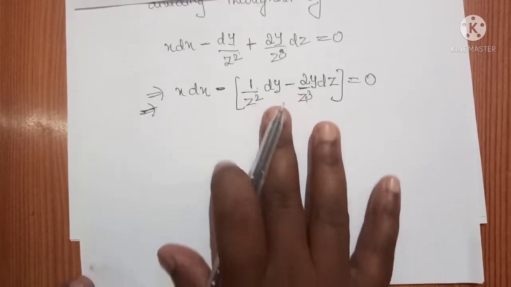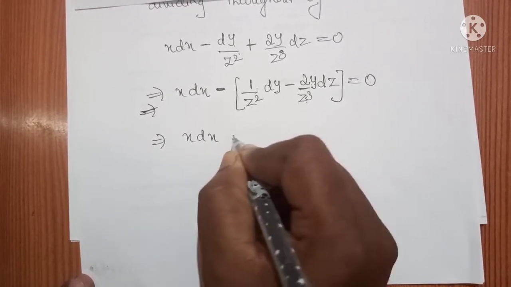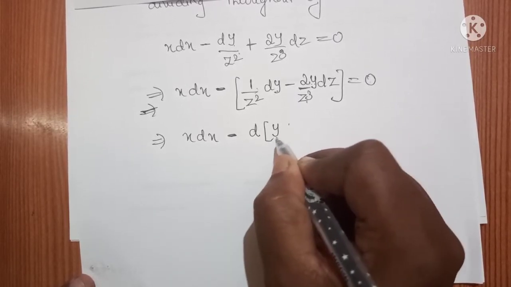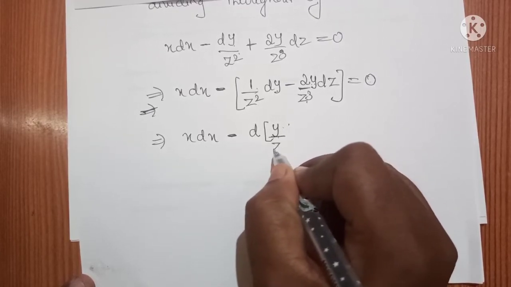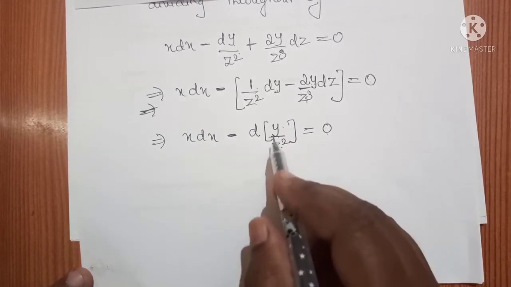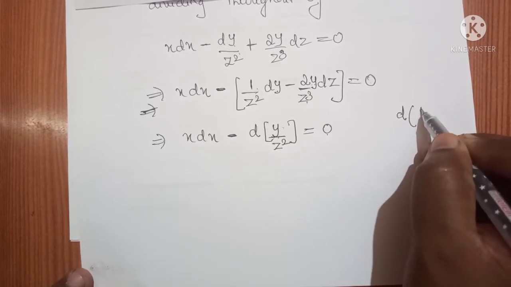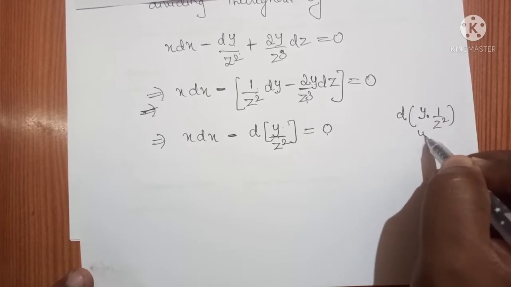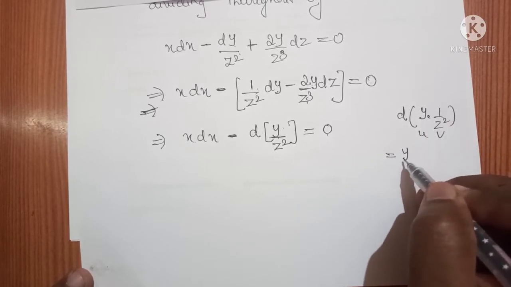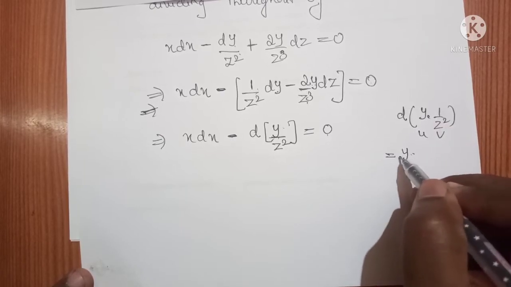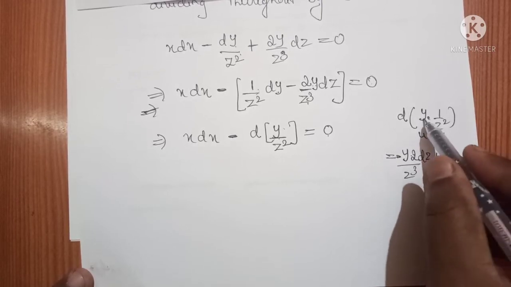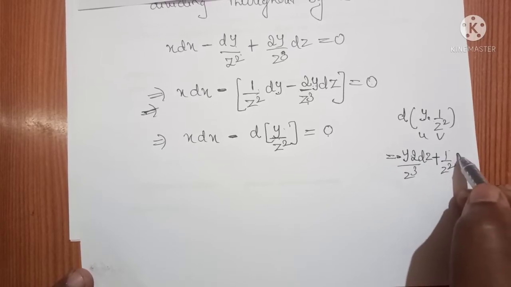So this can be replaced by x dx as it is, minus sign as it is, differentiation of y into 1 divided by z square, or simply y divided by z square equals 0. Applying the UV rule, it is y as it is, differentiation of 1 by z square is minus 2 divided by z cube dz, plus 1 by z square as it is, y differentiation is dy.